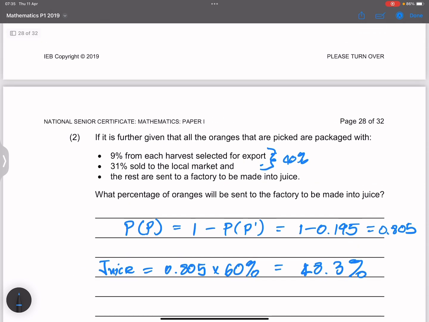Now, please, I want you to note, they said to us the ones that were exported were only 9% of the total crop. So this is 9% of the 0.805 of the ones that were picked.